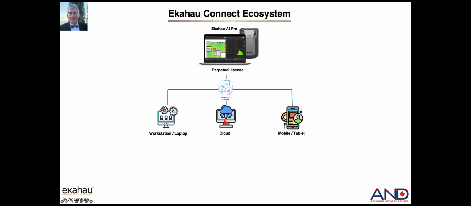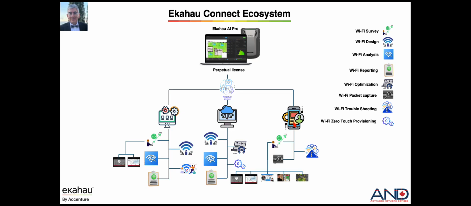It can operate on the cloud as well, and it can also operate on a mobile platform, either Android or iOS. It can be either a mobile or a tablet. Depending on the platform that is being used, specific functions can be utilized within Ekahau.